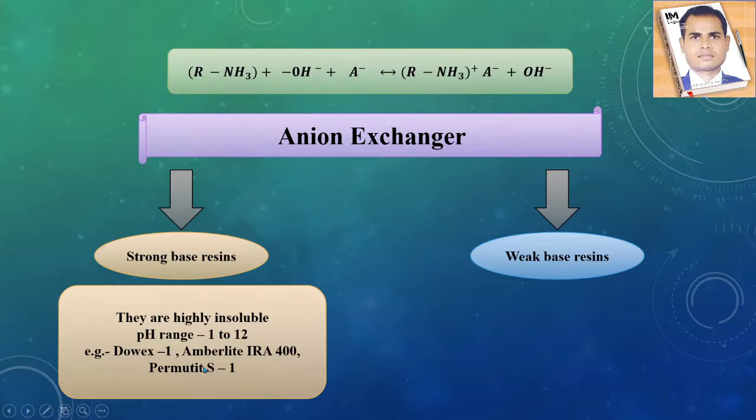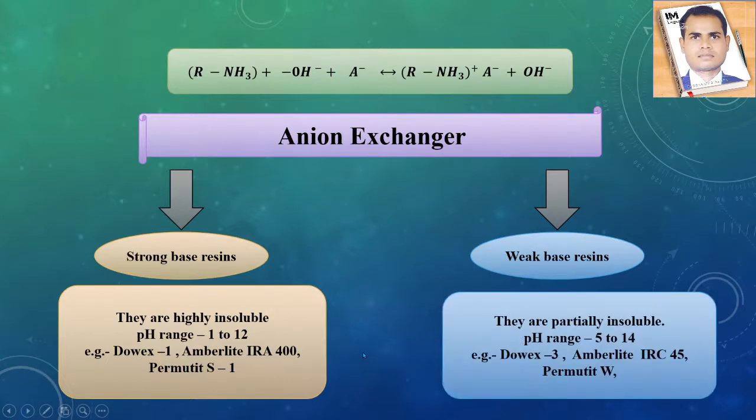So these examples we can see in the strong base resins. The next is weak base resins. They are partially insoluble, and the pH range is 5 to 14. The examples are Dowex 3, Amberlite IRC 45, and Permutit W. So these examples we can take as weak base resins.